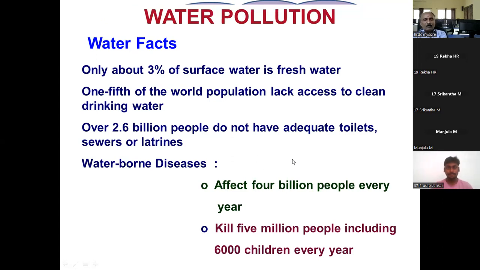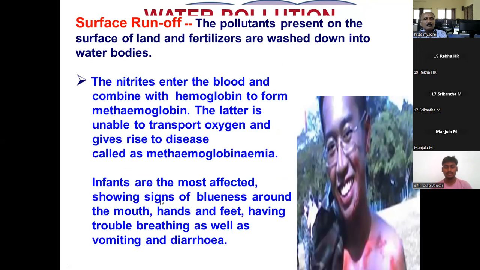When disasters take place and people start migrating from one place to another, you imagine how much of a problem there will be for basic sanitation. So sanitary problems may prevail, isn't it? So when such water bodies are polluted, it may cause various diseases.